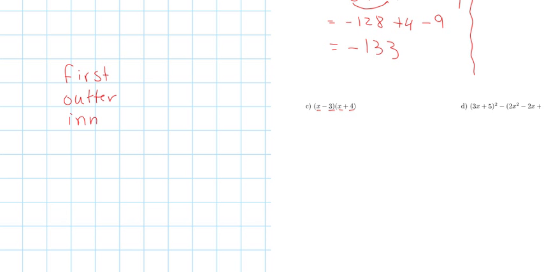So if you take the first letters, it spells FOIL. What that means is, if I have a binomial multiplied by another binomial, what are your first letters?